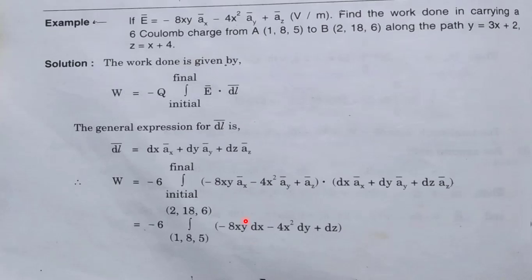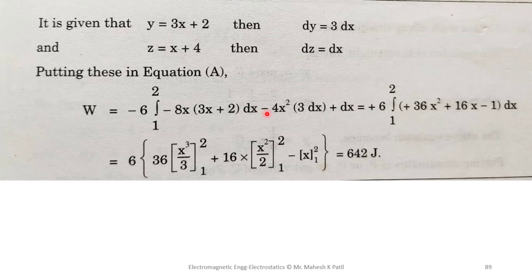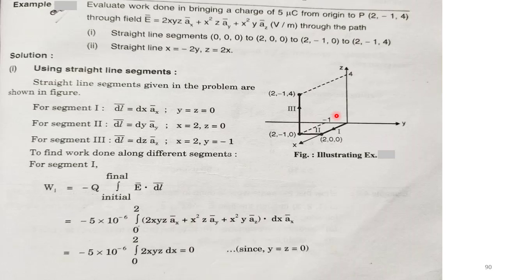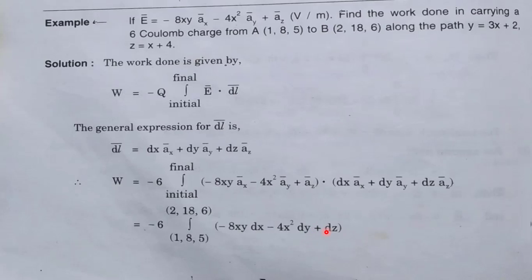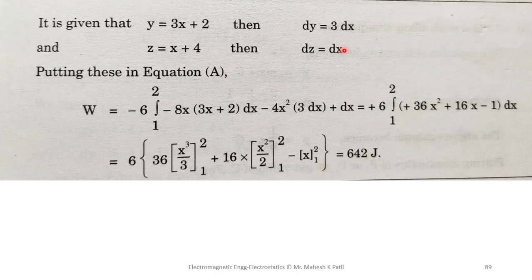Now the second term here is minus 4x square dy. So minus 4x square, instead of dy we'll put 3dx. Then plus dz term is there, so instead of dz we'll put dx.